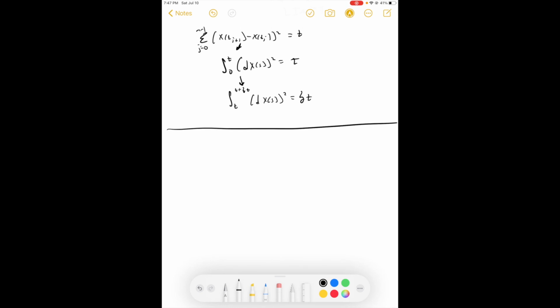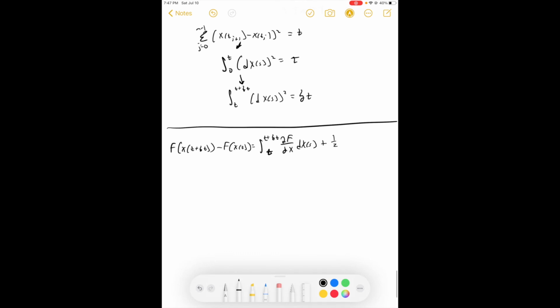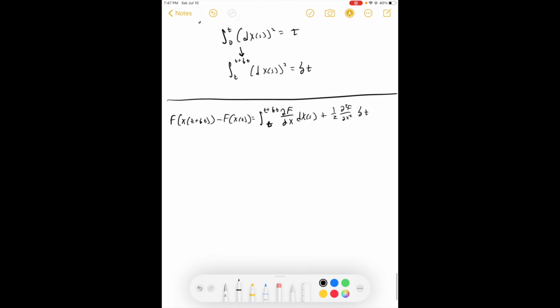Now let's see how we can use that by going all the way back to our f of x of t plus delta t minus f of x of t, which is equal to the integral from t to t plus delta t of that first derivative of f with respect to x, dx, plus 1/2 the second derivative of f with respect to x times delta t.